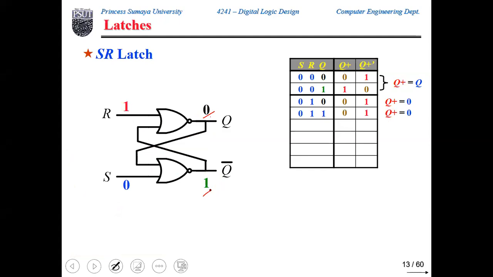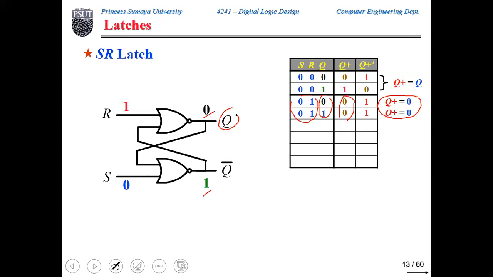So regardless of the initial state, whether it is 0 or 1, as long as S and R are 0, 1, what is the new value? It is 0. So always Q plus, or the new value that will appear on Q, is basically 0 if we make S 0 and if we make R 1.